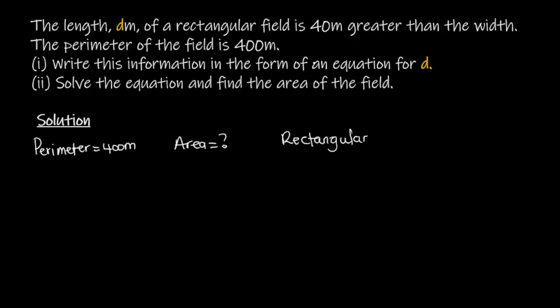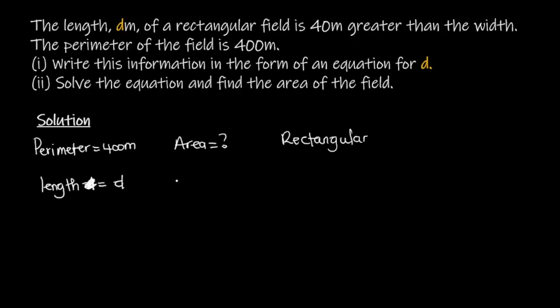All right, so let's do the deductions. They said the length d in meters of a rectangular field is 40 meters greater than the width. Now it means the length is equal to d. So the length is equal to d.